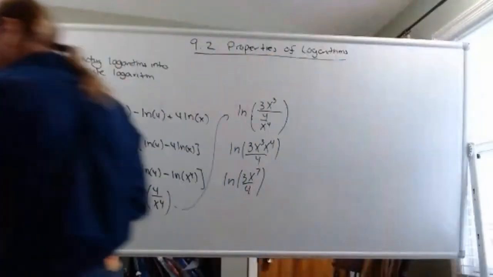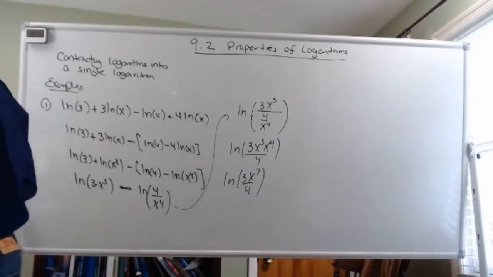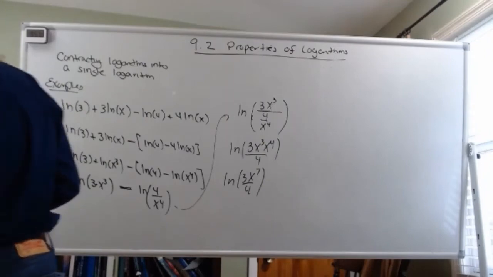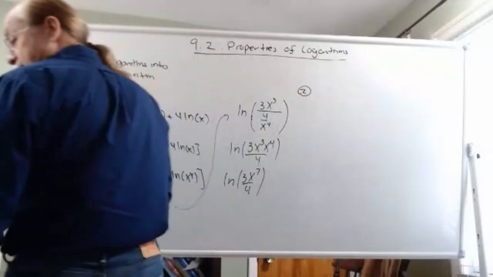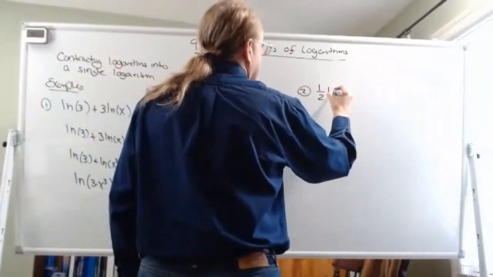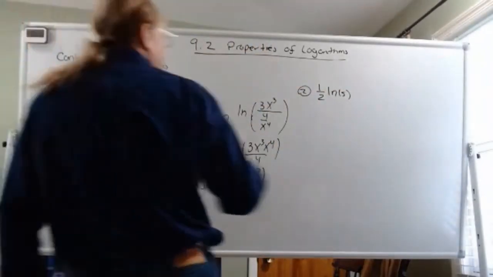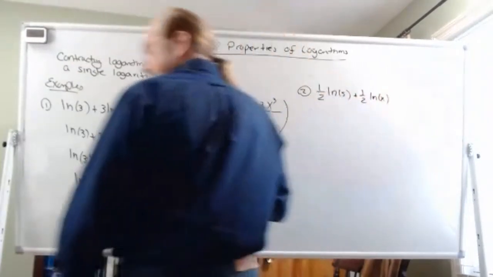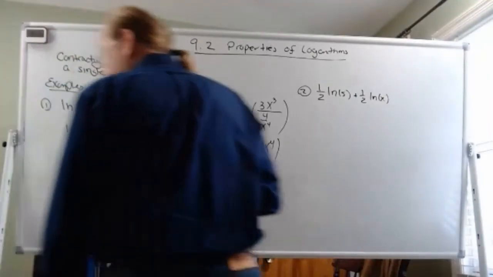Let's try another example over here as well. I'll ask you to try this one. So let's see, I take 1/2 natural log of 5 plus 1/2 natural log of x minus 1/2 natural log of y.